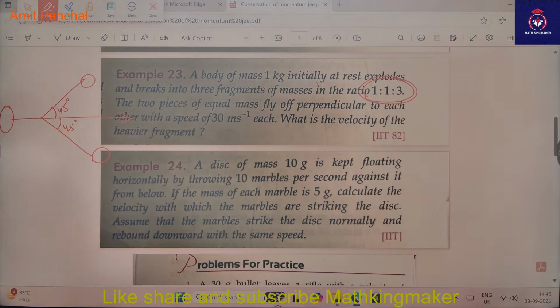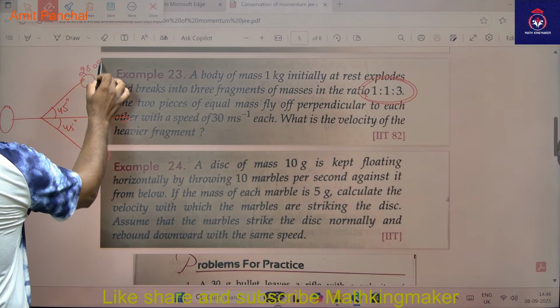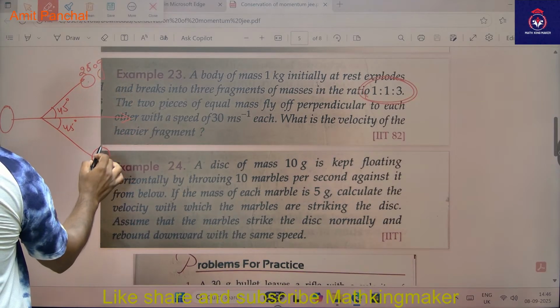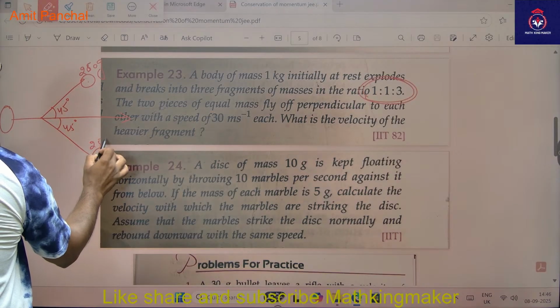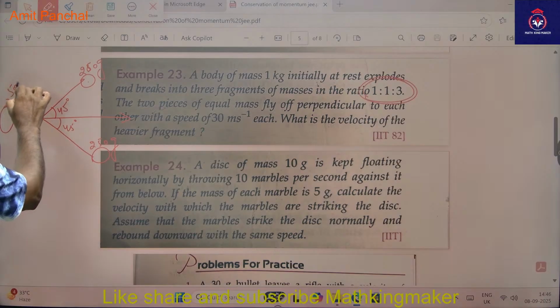You need to divide 1 kg, so it will be 1 into 1 by 4, so it will be 0.25 kg, that will be 250 gram. It should also be 250 gram and that would be 500 gram. Isn't it?